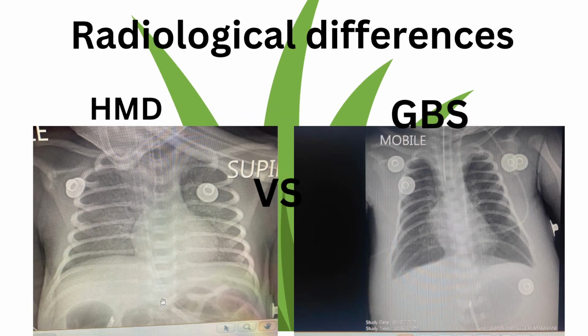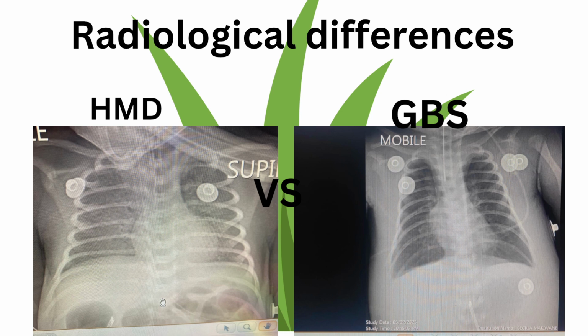Now, let's look at the radiological differences between HMD and GBS pneumonia. The first thing to look at when you're looking at a chest x-ray is the lung volumes. The lung volume of an HMD patient will tend to be small because of the surfactant deficiency, which causes atelectasis of the alveoli, whereas the lung volume of a pneumonia patient will tend to be normal.